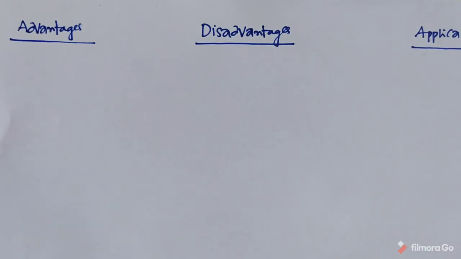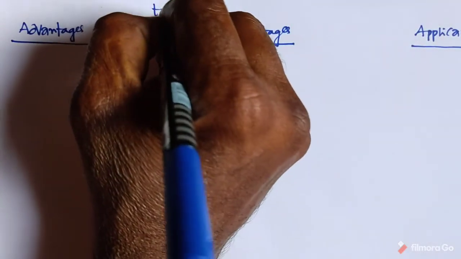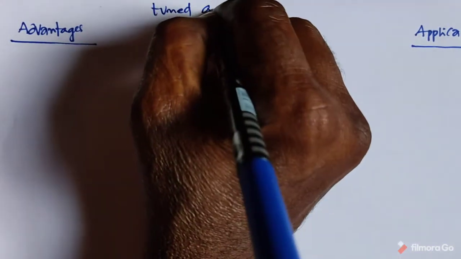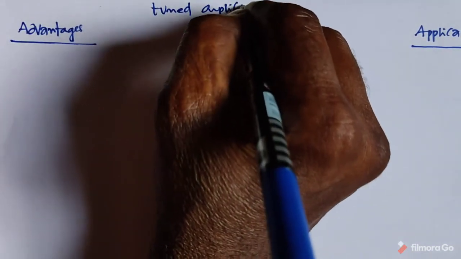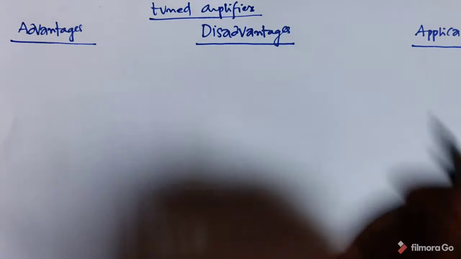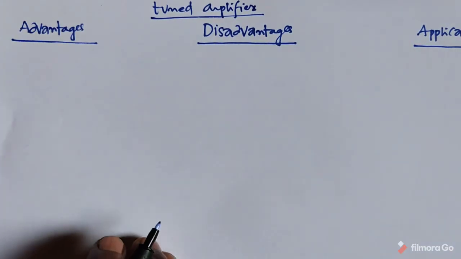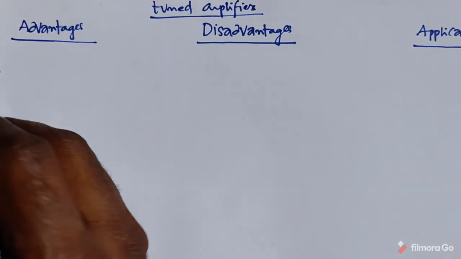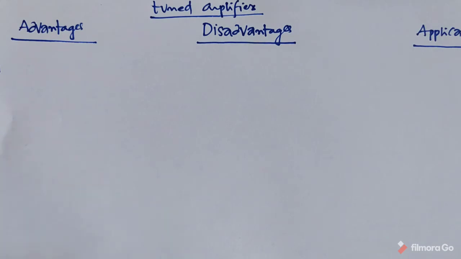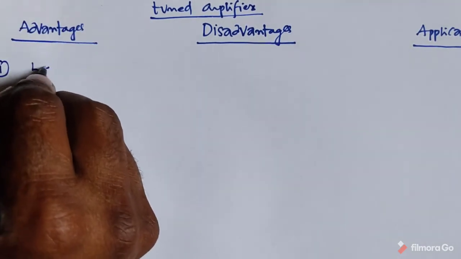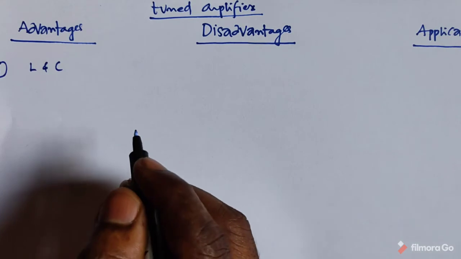So first of all, we are having the tuned amplifier advantages, disadvantages and applications. The basic advantage is the usage of reactance components, that is the inductor and capacitors. They minimize the power loss.